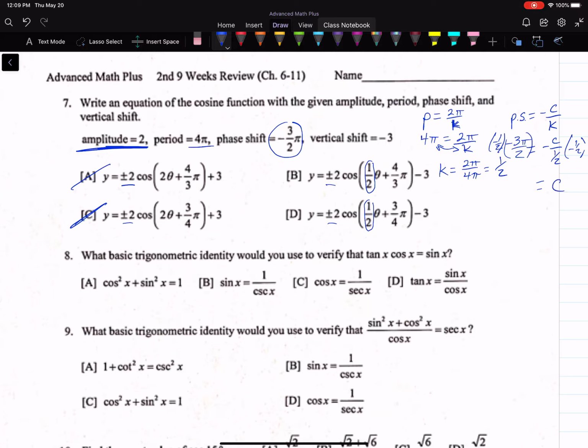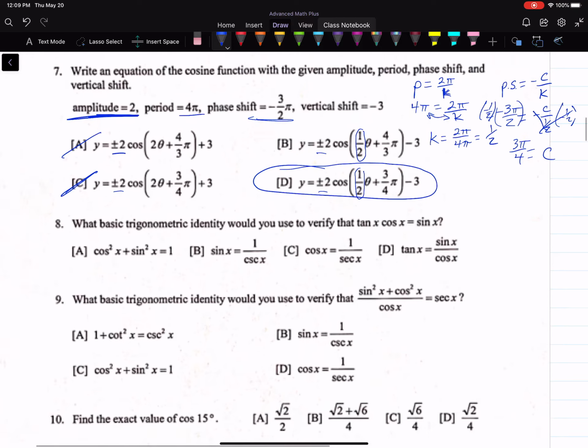The negative and the negative cancel, so that leaves me with positive c, and that would be positive 3 pi over 4. So which one of those has a positive 3 pi over 4? D. So D is my correct answer. Easy enough.